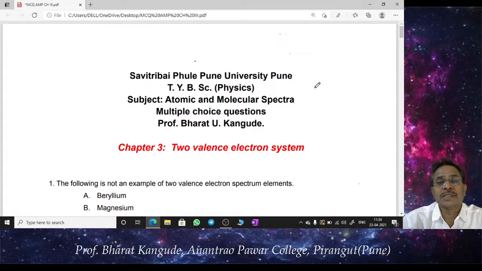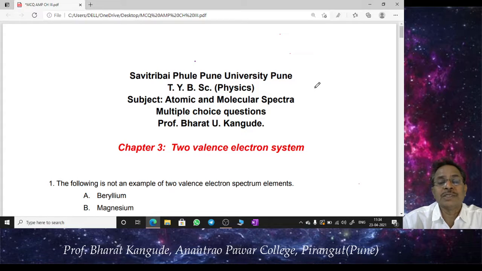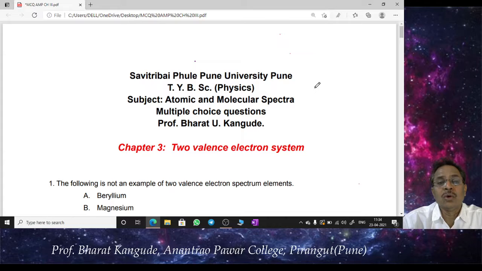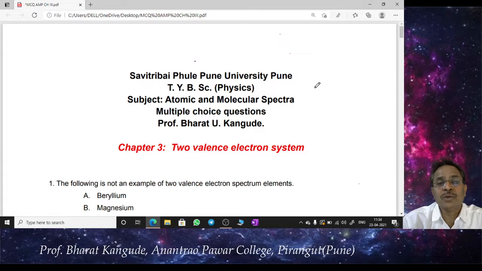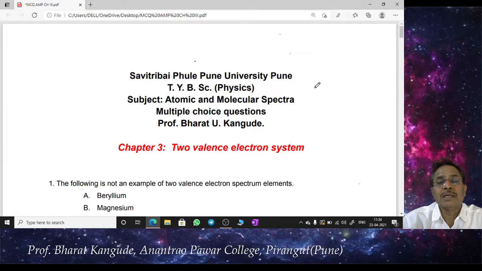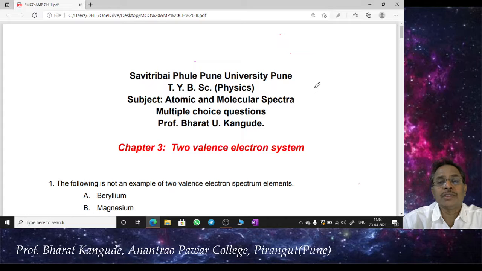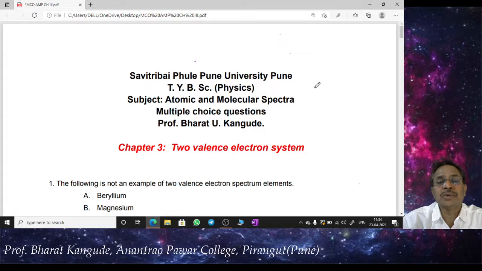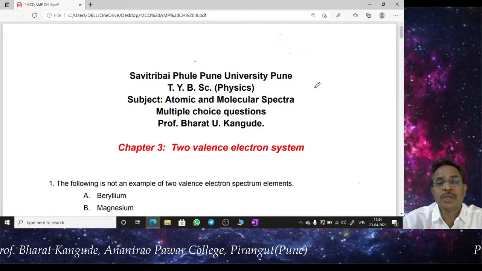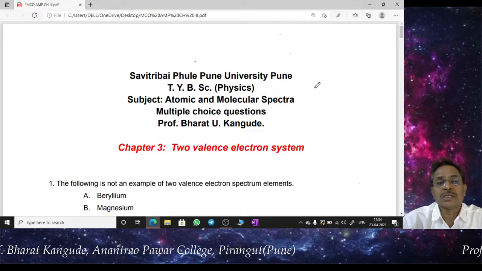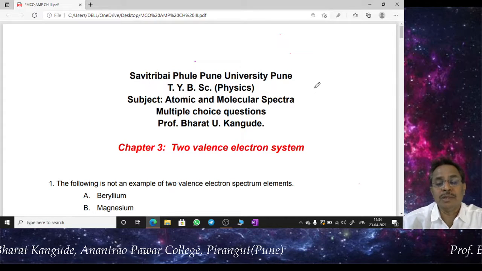Now what are the differences, how to apply the LS coupling schemes, how to calculate the term values, etc. There are certain rules on which all these MCQs or multiple choice questions depend. So let's try to solve some of the important questions one by one.